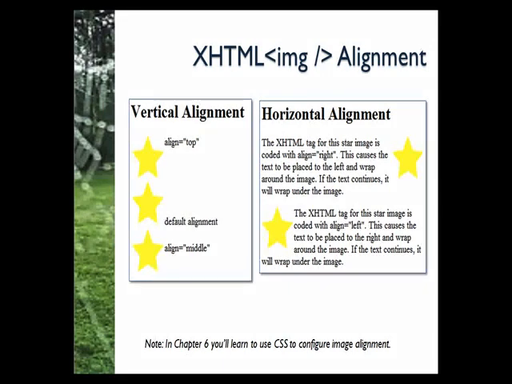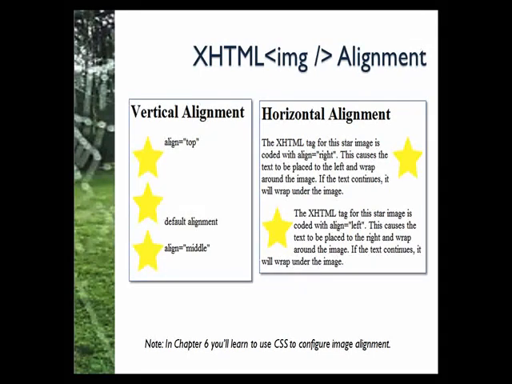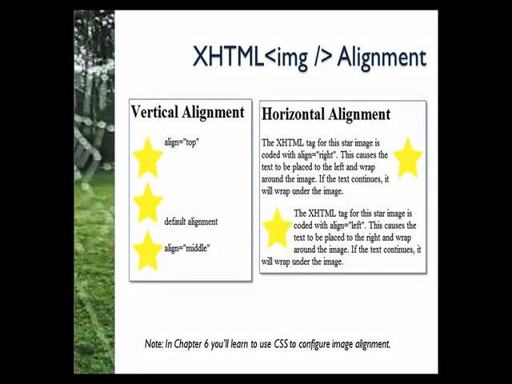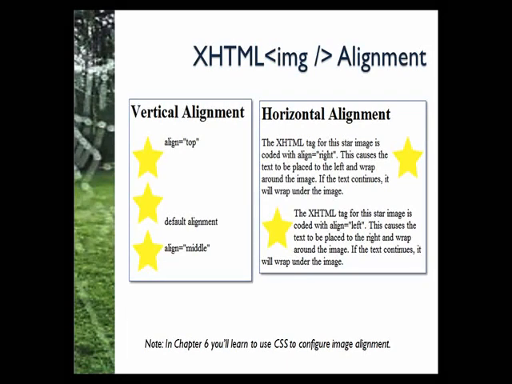Now, if I had this same text on this side, it would put the first line of that text up here, and then drop the rest of it below that image. So if you want your text or other content, I don't guess it always has to be text, to wrap around and flow around it, then you need to set the alignment to either left or right.